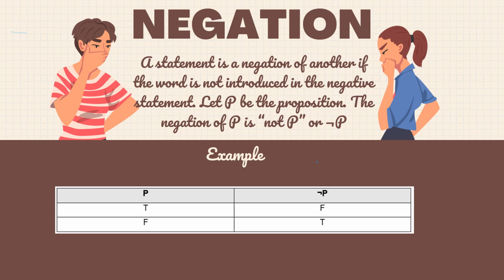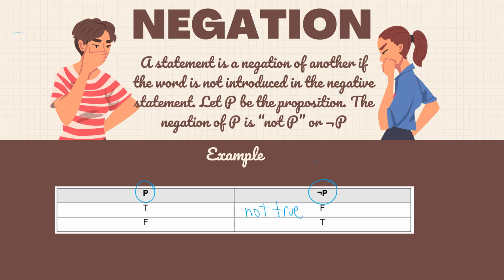Okay, so now let's talk about the truth table regarding negation. So for example, we have the proposition P here. We have T for true, right? And if we negate that proposition, not P, we can say that it's not true. Or simply, we can say that it's false, right? And we have the other value F, or false.